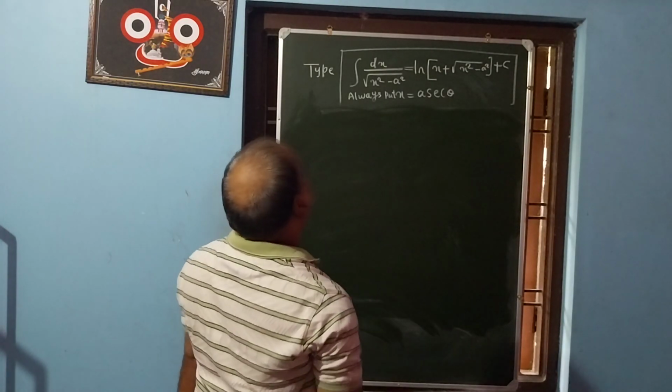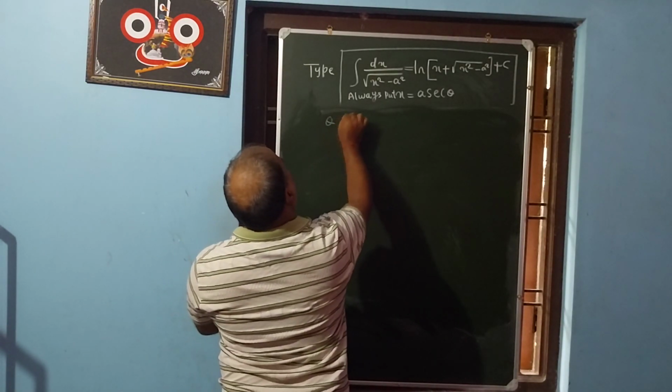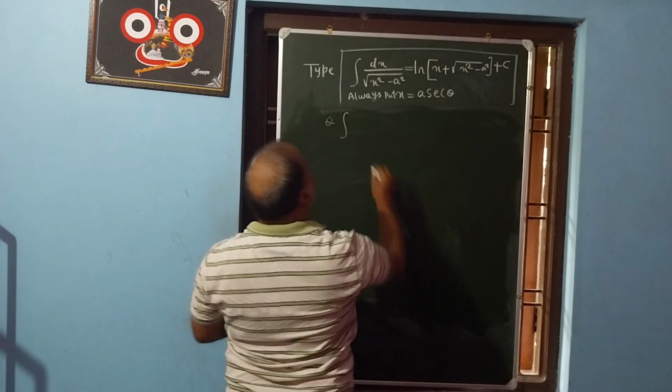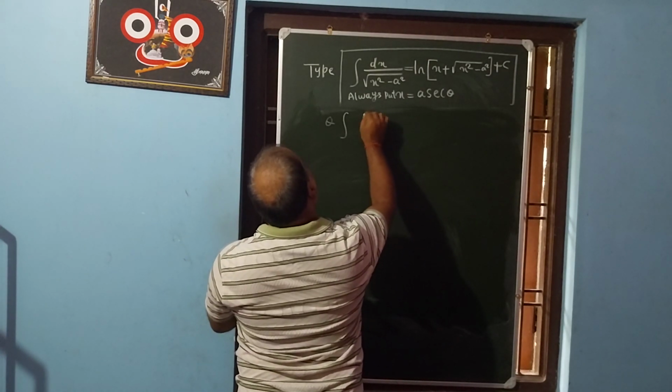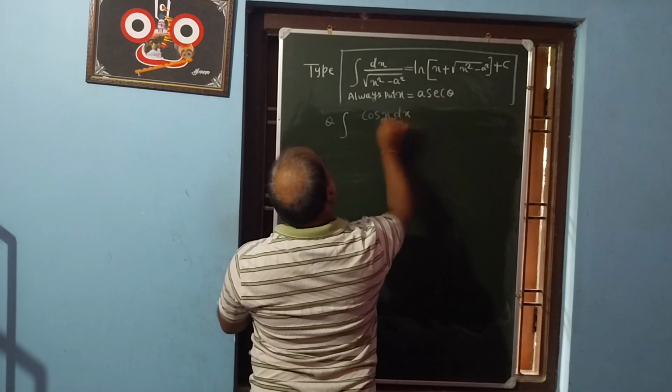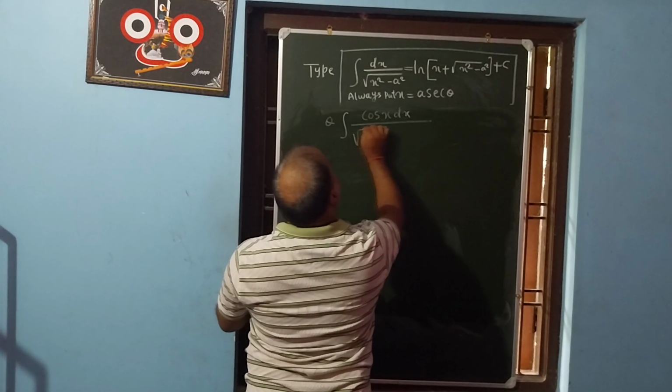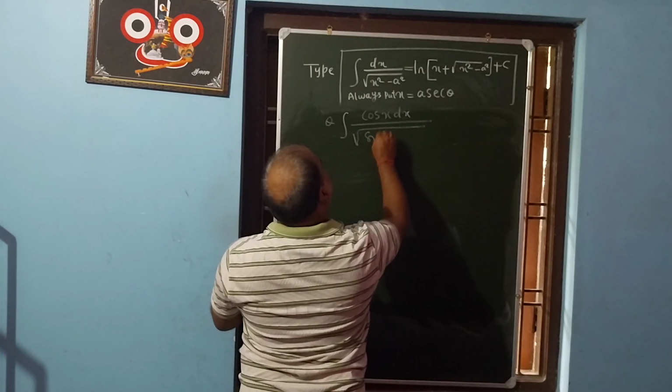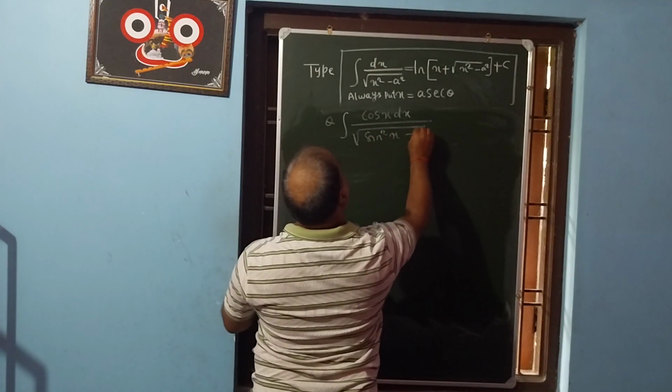Integration of cos x dx divided by square root of sin square x minus 36.